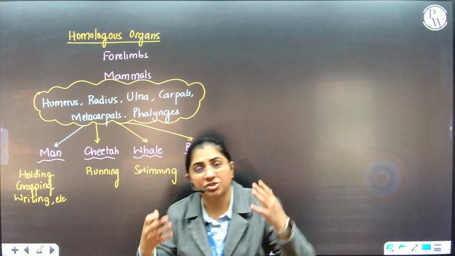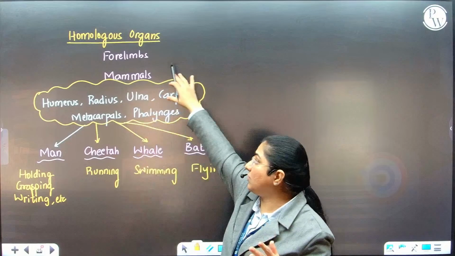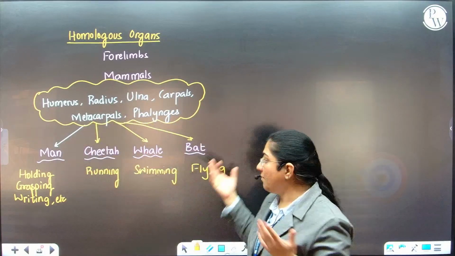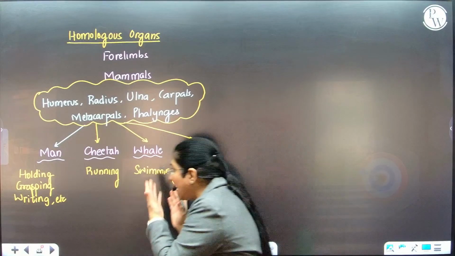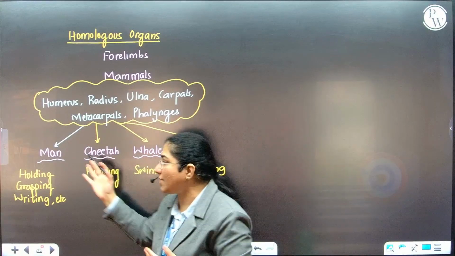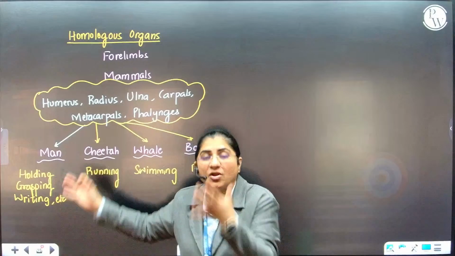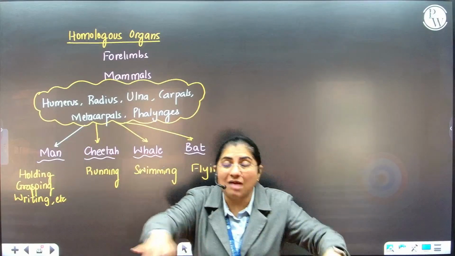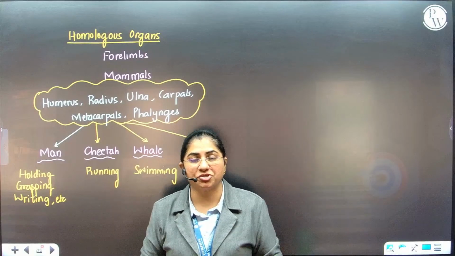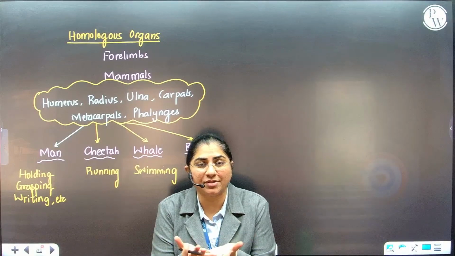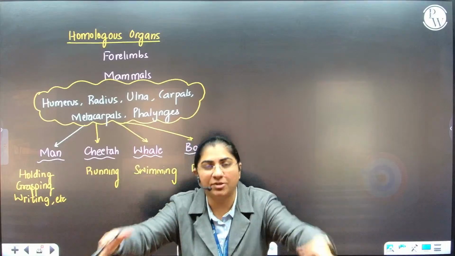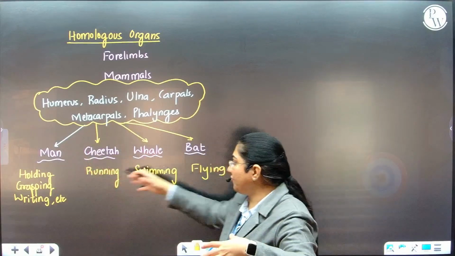Why is the functioning different? Though they all belong to mammals and have the same structure, they have different habitats. Bat has an aerial mode of life, whale has an aquatic mode of life, and man and cheetah have a terrestrial mode of life, but their functioning is different. So to adapt to a particular environmental condition, to adapt to the abiotic factors, they have all evolved and developed their functioning into different work.